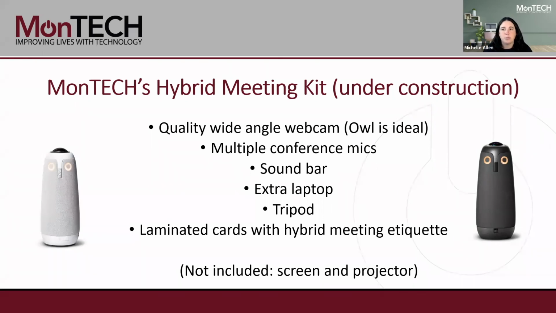The Owl is a 360-degree camera. It has an 18-foot radius for audio pickup and smart mics to equalize speaking volume. So it's a really great way to have more engagement in your room, and then thinking about the sound and your laptops and things like that.